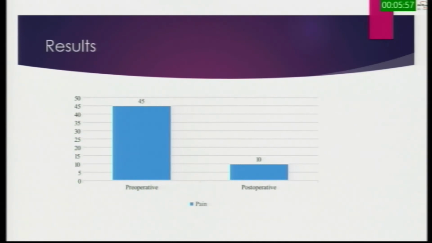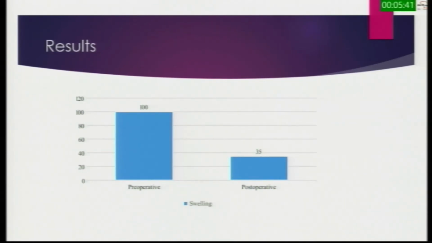We found very good results compared to the guidelines. The pain decreased. At first, pain was present in 45%; post-operatively, it was present in only 10%. The swelling also decreased. By the way, all patients presented with swelling of the limb.